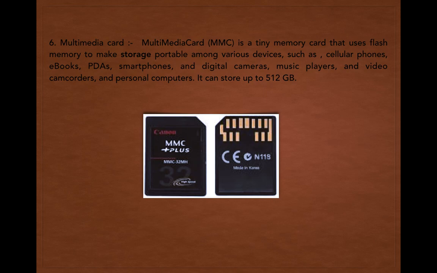There are two types of memory, internal and external. Internal memory: RAM and ROM. External memory like CD, DVD, pen drive, etc. Internal memory is the main memory, RAM and ROM. RAM stands for random access memory.